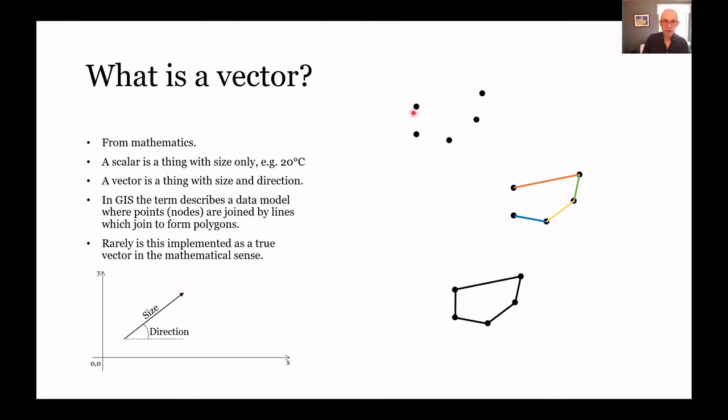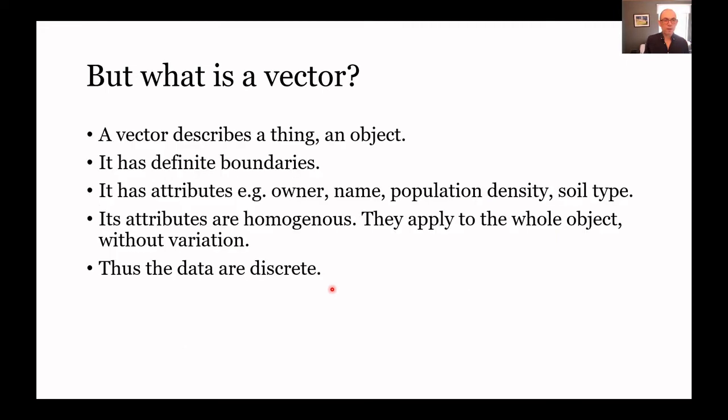So that creates our point here. A coordinate can be considered as being a combination of size and direction. That's why these are vectors. And we can combine our points into lines and then lines into polygons. And these are the objects. All of these points, lines, and polygons are objects that we use in our vector format in GIS.